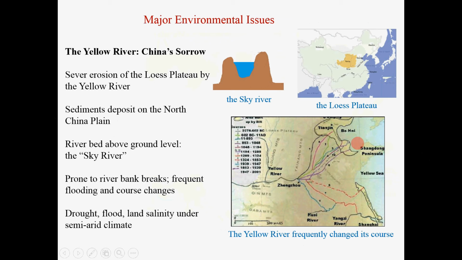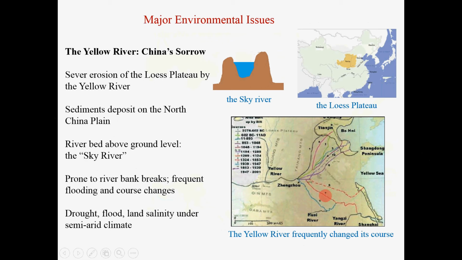On this map, you see different courses during historical times through which the Yellow River ran to the ocean. Every time that happens, you can imagine the catastrophic flooding problem that occurred around the river basin.